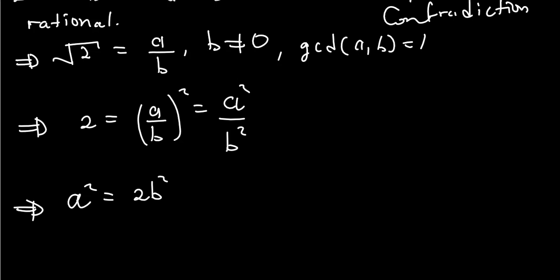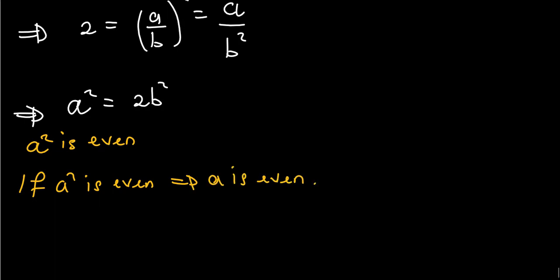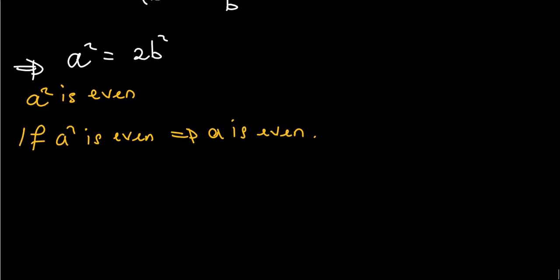And if a squared is even, then a is even. So one can deduce that a is equal to 2k, where k is some integer.